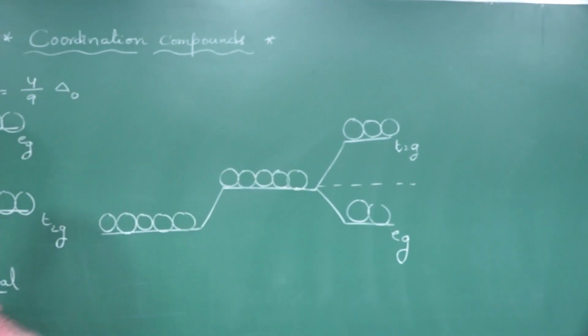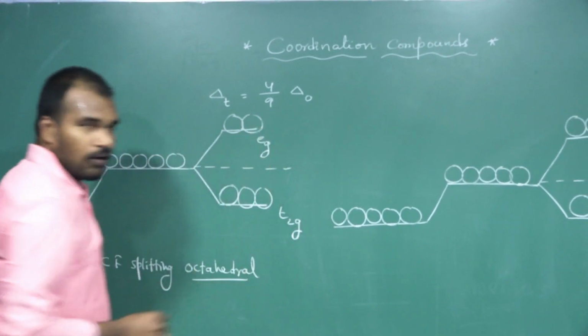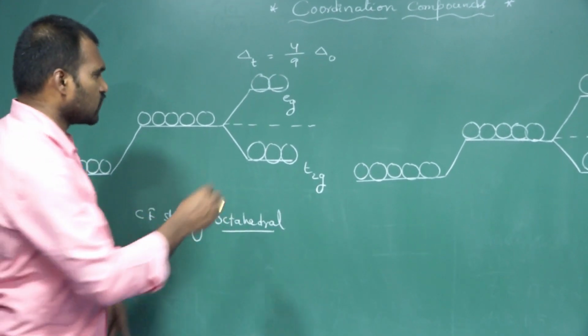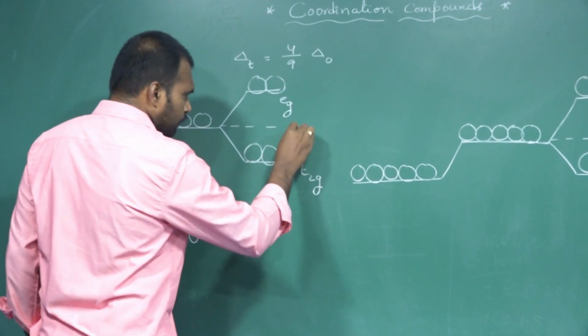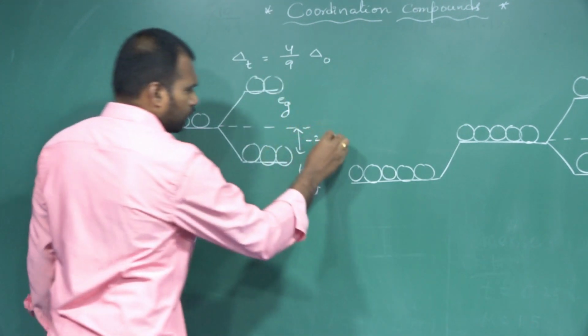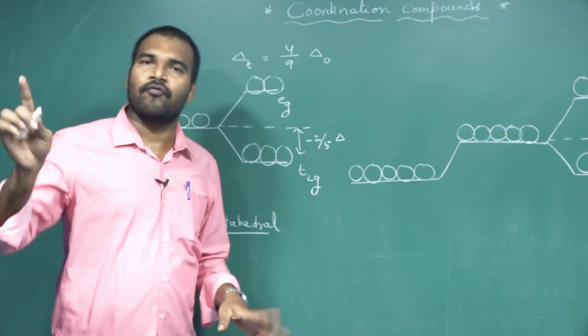This is the energy barrier, and when we compare the energies, if an electron enters the t2g set in octahedral complexes, its energy decreases by -2/5 delta, that is -0.4.